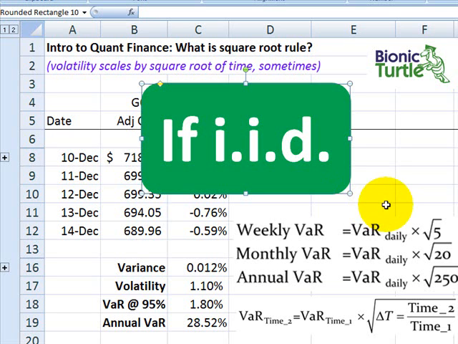And this turns out to be another unrealistic assumption. So it's another example of where we go into the modeling exercise knowing that we're going to be breaking some of the assumptions. The square root rule really requires independent and identically distributed periodic returns.